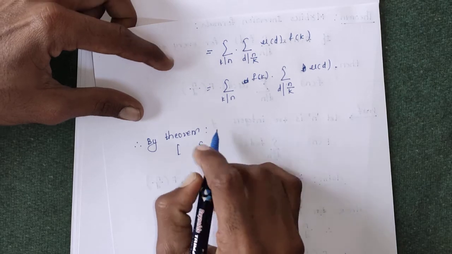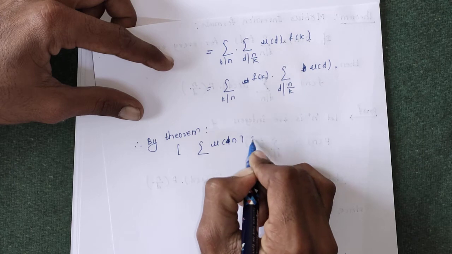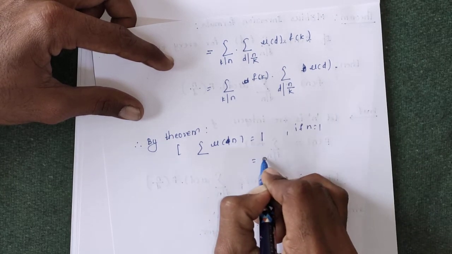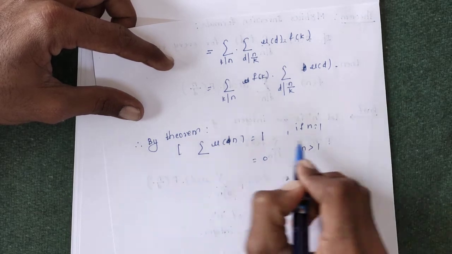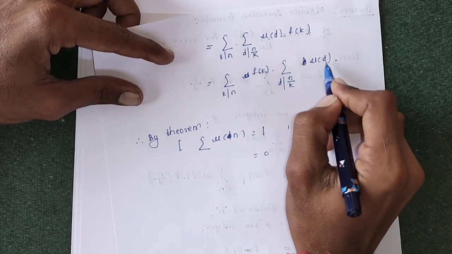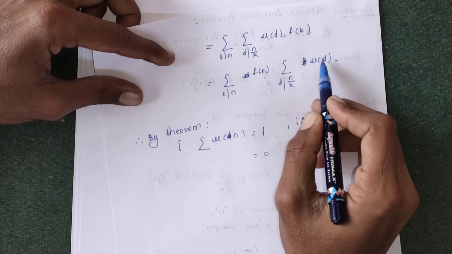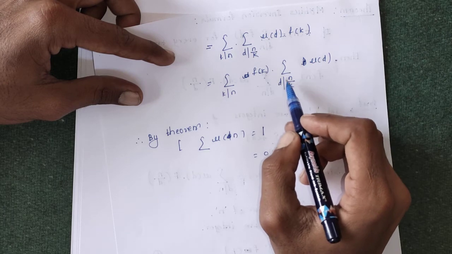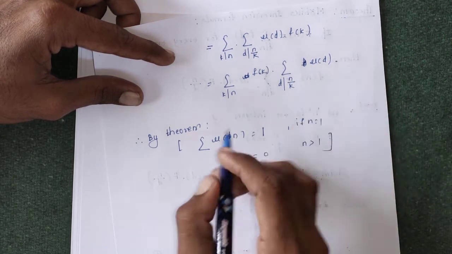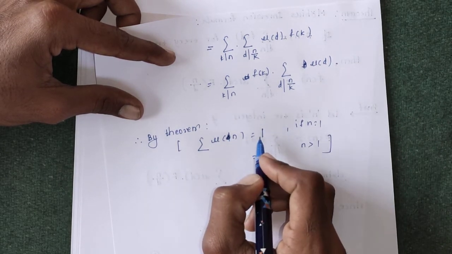The statement of the theorem is: the summation of mu of d is equal to 1 if n is equal to 1 and is equal to 0 if n is greater than 1. Using this theorem, we can write the summation of mu of d is equal to 0 if d is greater than 1, and is equal to 1 if n by k is equal to 1.